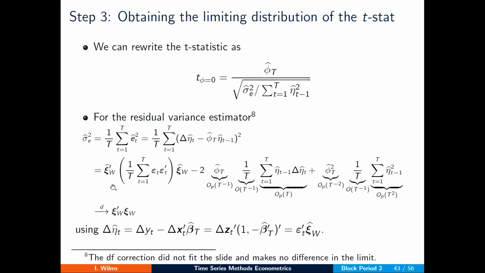Just like in the previous cases, the stochastic orders tell us that there is only one dominant term, the first one over here, which converges in distribution to the cross product of the psi's, since the variance-covariance matrix of the error terms was equal to the identity.